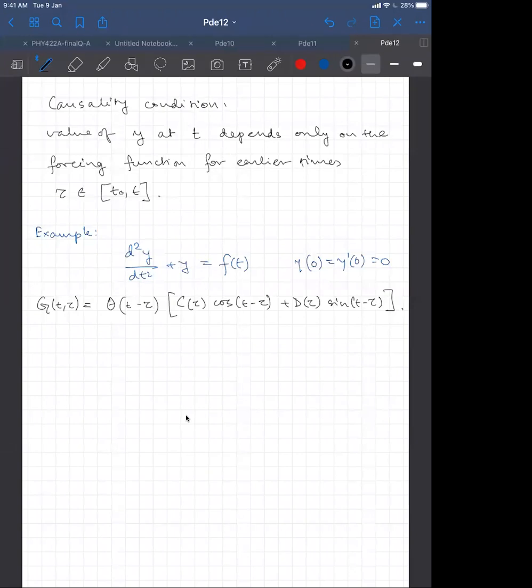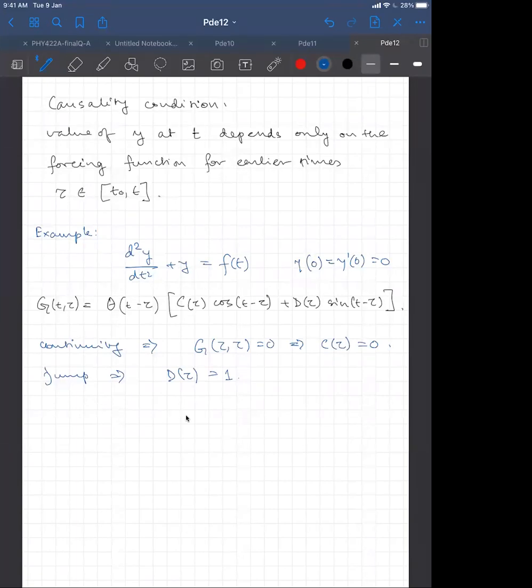So continuity means that g of tau, tau equal to 0, which implies that c of tau is equal to 0 because the cos was 1, and the jump is going to imply that d of tau is equal to 1.